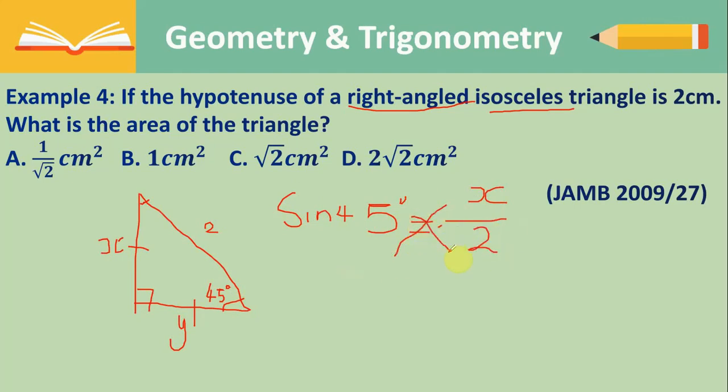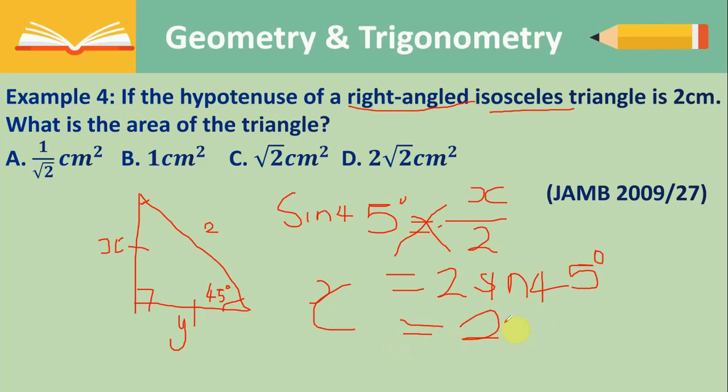By cross multiplying, x will be 2 times sine 45. Then if I may ask you, in short form, what is sine 45? If you get that correctly by guessing or checking, sine 45 is 1 over root 2. What did I say? 1 over root 2.